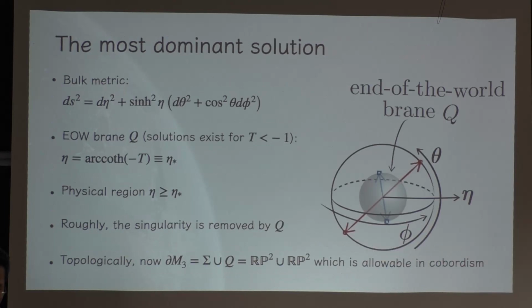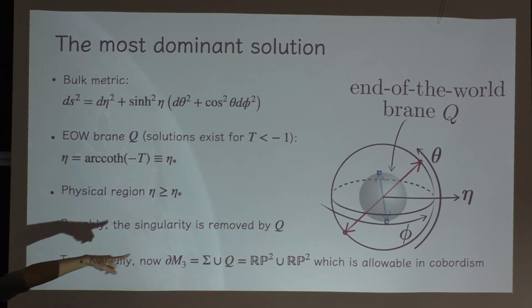So let's look at what is changed for our case. Again, think about a CFT defined on RP2. After introducing the new term, the most dominant solution in this case is a Euclidean AdS3 with an end-of-the-world brane sitting at the center of the bulk. If you remember, we introduced a tension term on the end-of-the-world brane, and the tension and the location of the brane are related by this.